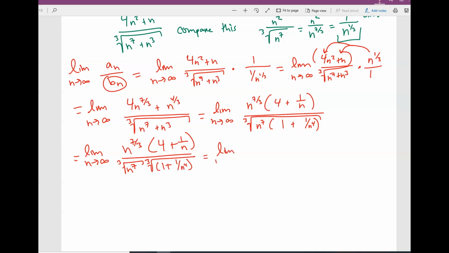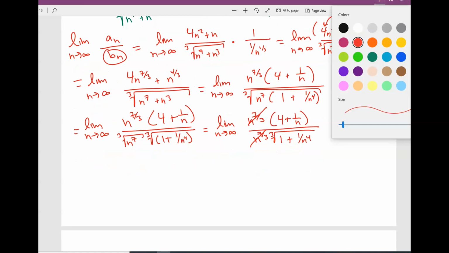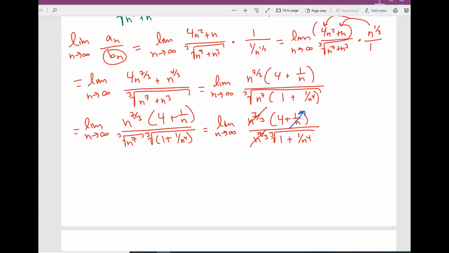So I'm left with the limit as n goes to infinity of n to the 7 over 3, 4 plus 1 over n, divided by n to the 7 over 3, cubed root of 1 plus 1 over n to the 4th. Notice that the n to the 7 over 3's are going to go away, so all I'm left with is just this guy. If I take the limit as n goes to infinity, this guy's going to go to 0, and this guy's also going to go to 0. So all I'm left with is the 4 on the top and a 1 on the bottom, and 4 divided by 1 gives me 4.